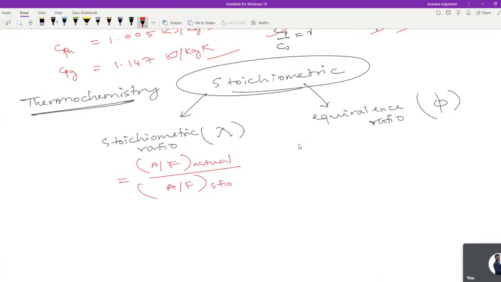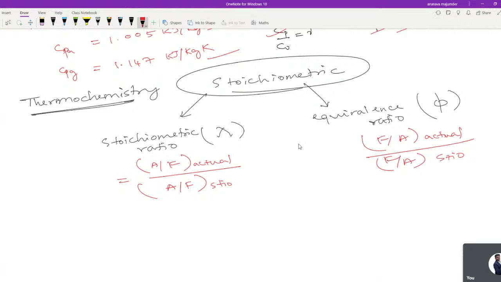Equivalence is the fuel to air ratio of actual over the fuel to air ratio of stoichio. Now, how the relations work, it is all about thermochemistry, meaning how the combustion process works, the amount of mixture of fuel and air. It all speaks about that.